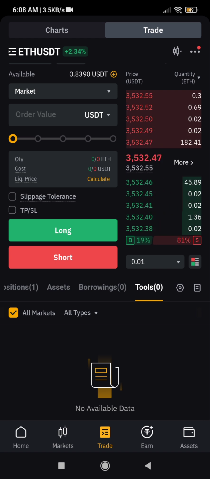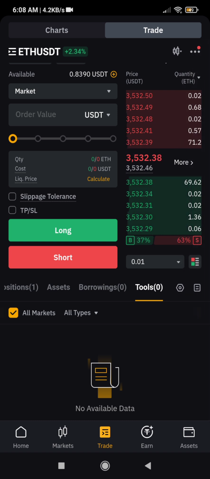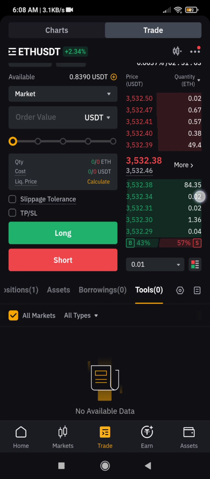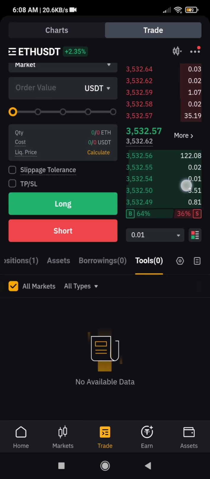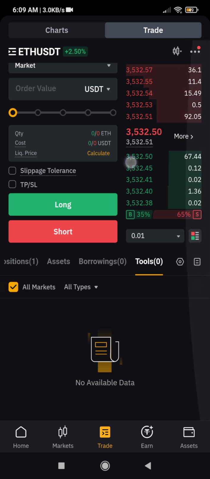And then those that want to sell, they want to sell at a higher price as well. This other part is referring to their quantity. This one too is referring to the quantity that the buyers want to buy. So imagine that you want to buy 1 million worth of Ethereum at this current price.